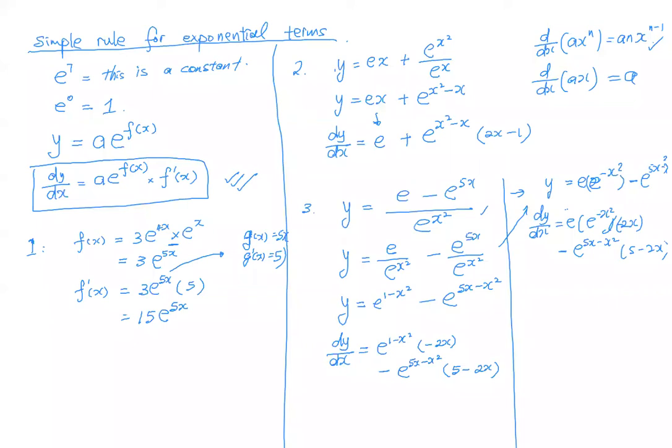Now, can I go to the next one? Okay, number 4. Find the gradient to the curve y equals 1 over 3 e to the power of x at x equals 2.